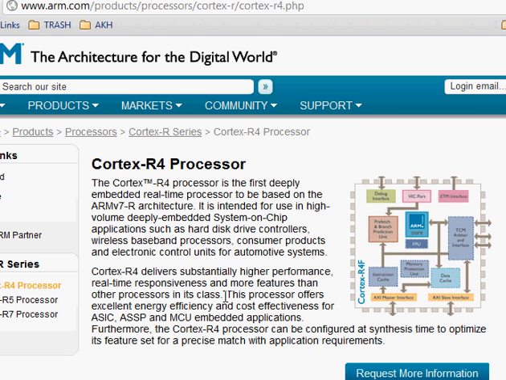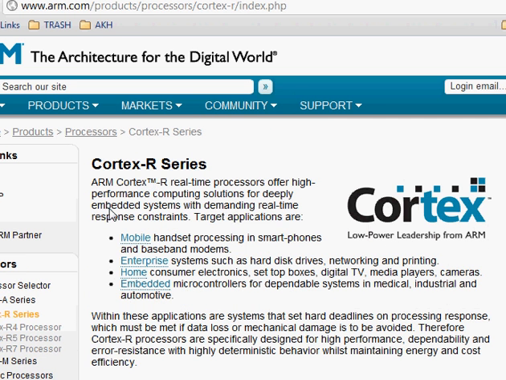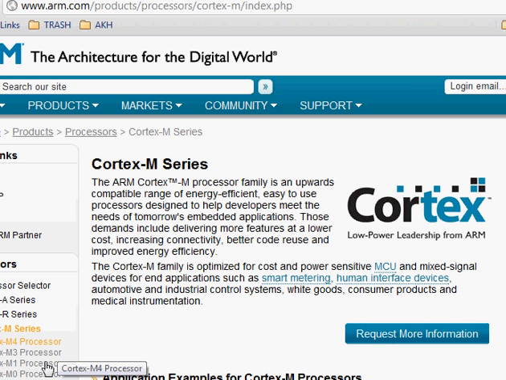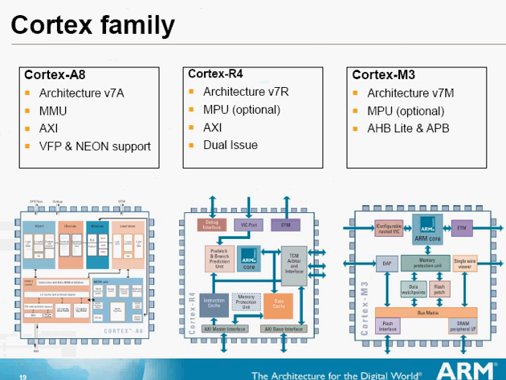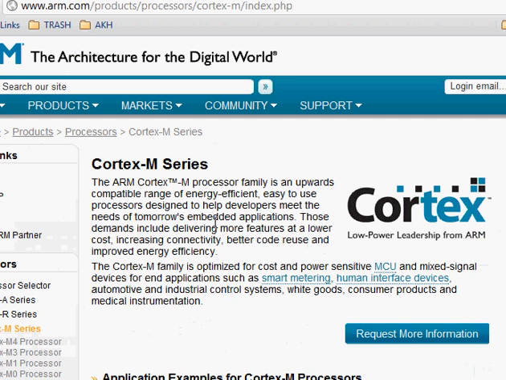That is the beauty of the Cortex R4 processor. Similarly, if you want to know more about Cortex M, you can browse through simply and get to know about it. Cortex M3 is also based on ARM version 7 architecture.